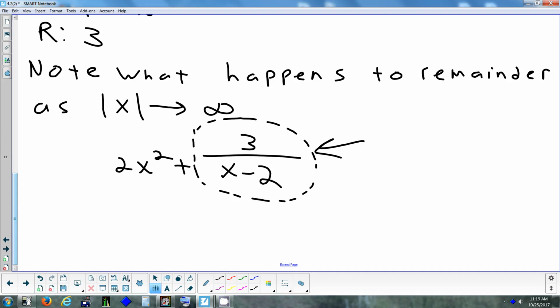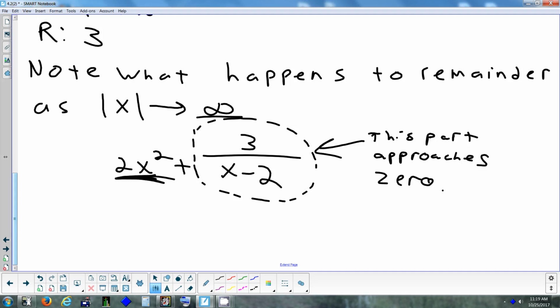But the point is we're looking at what happens as x approaches infinity. That part becomes insignificant. So this part approaches 0. That's what I want you to see, and that's why we don't care about that. All we care about is that.